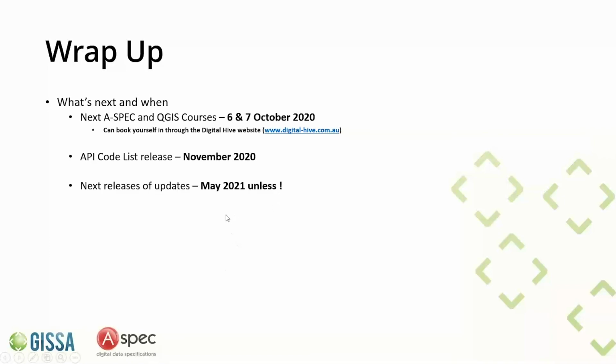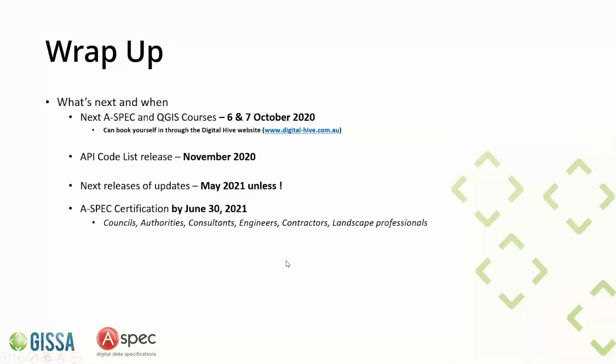Next releases of updates: May 2021, unless. What's the unless? Well, unless we find something in our conversations that's going to impact the ability of the consultants to deliver the data that you need because we've got extra attributes and extra asset classes, those sorts of things.